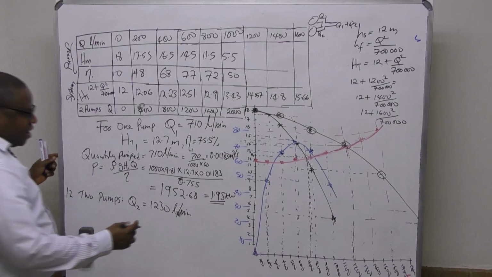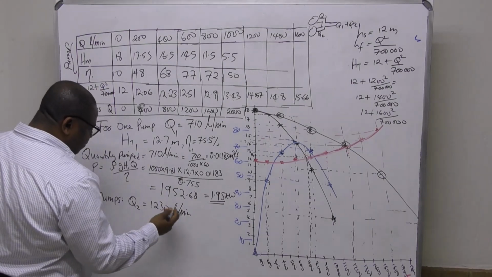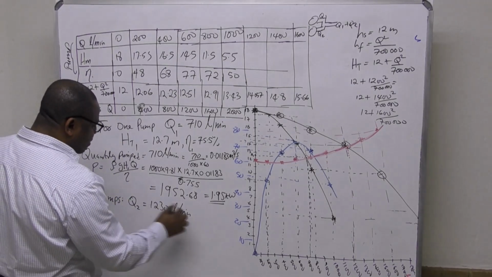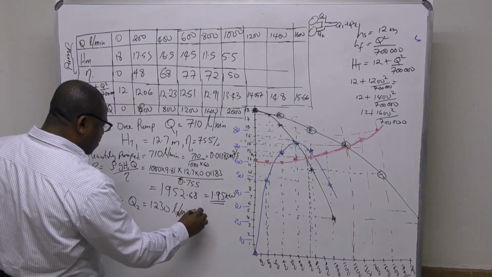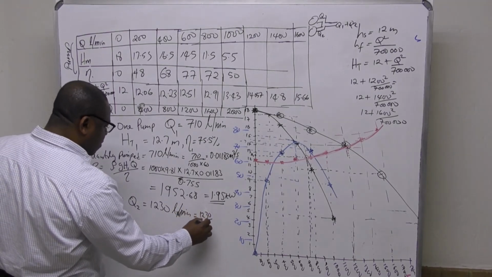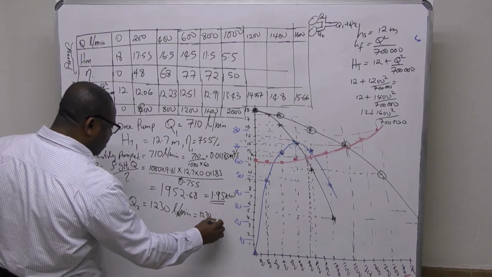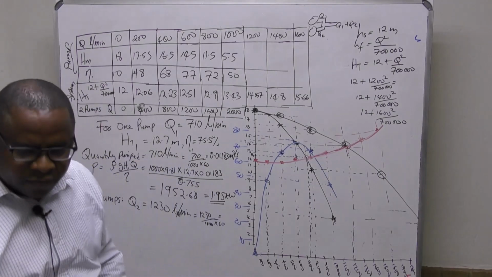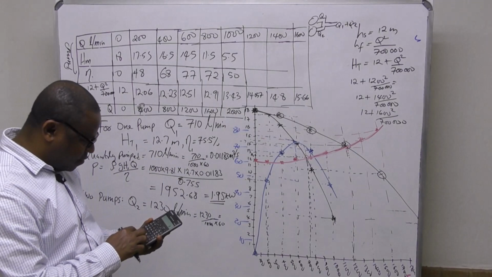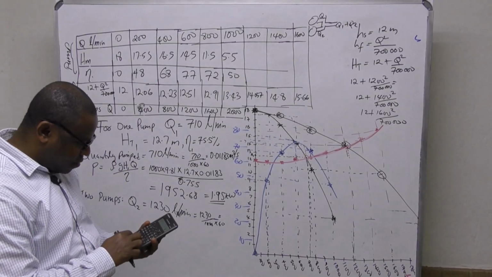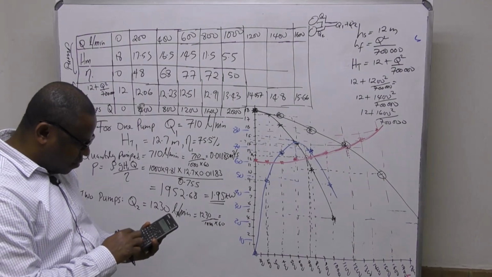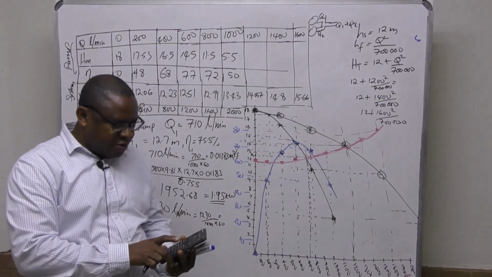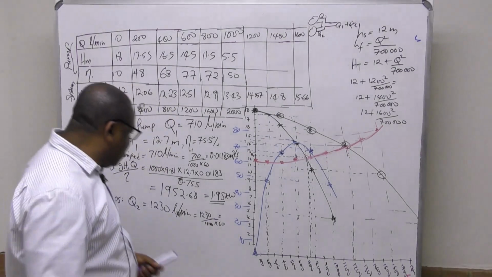Which you can convert to meter cube per second by dividing by 1,000 and then by 60. That is 1,230 over 1,000 divided by 60, so 0.0205 meter cube per second.